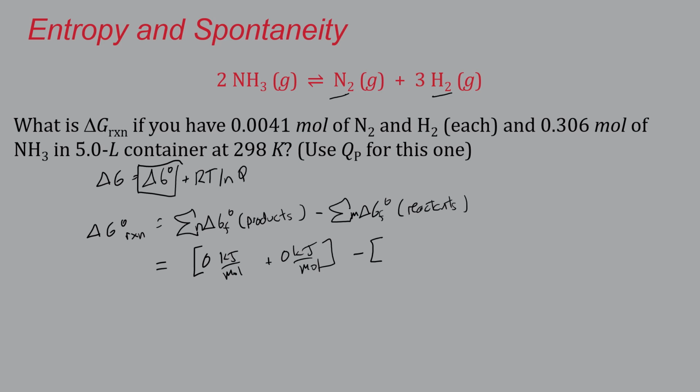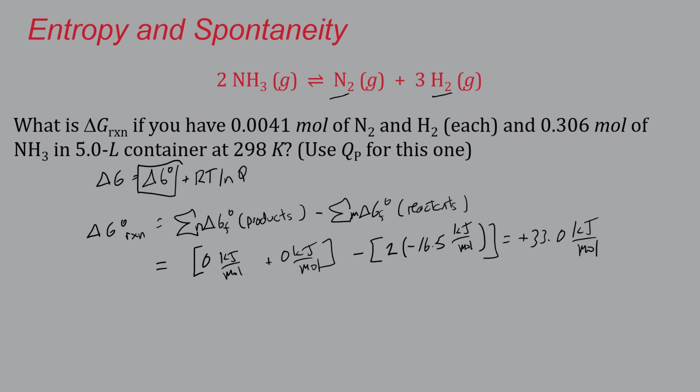So the only non-zero term here would be that for the ammonia. So here you're going to subtract 2 times negative 16.5 kilojoules per mole. This is for the ammonia. And just be real careful with the sign propagation here, and this ends up being equal to positive 33.0 kilojoules per mole.